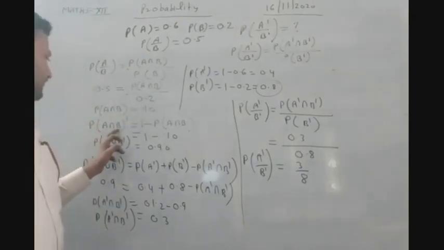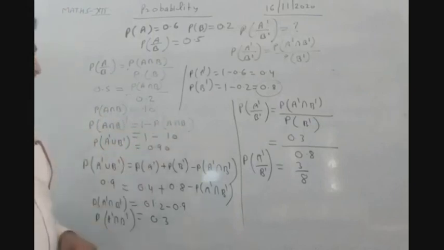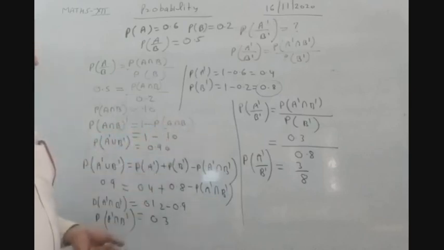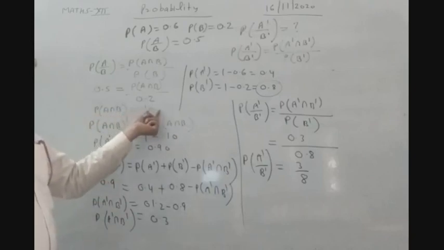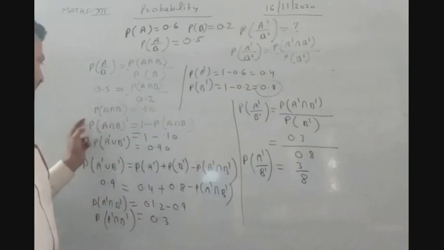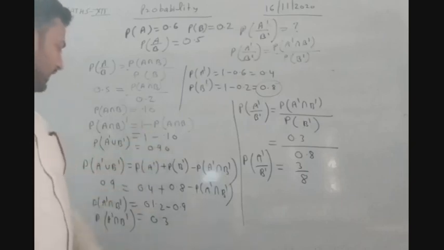And probability of A intersection B dash is equal to 1 minus probability of A intersection B, which is 1 minus 0.10, so we write 0.90. We can write this term in the form of A dash union B dash equal to 0.90.